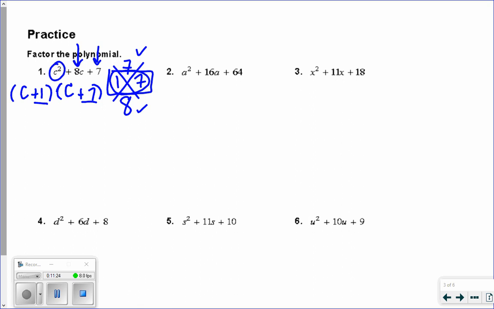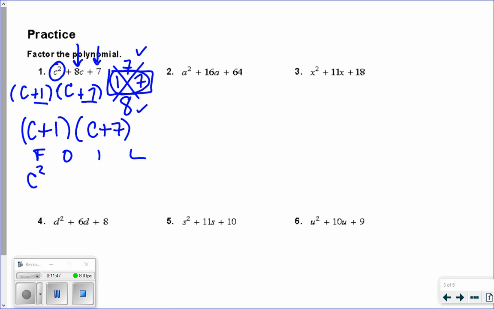Let's test that. And in fact, when we test it, we'll see why this always works. We're going to test it by foiling this and making sure it does indeed give us that trinomial. I did box earlier. I'm going to do FOIL now. So this is why this works. If I were multiplying this like we were a couple of weeks ago, my first product would be c times c, which is where the c squared came from.